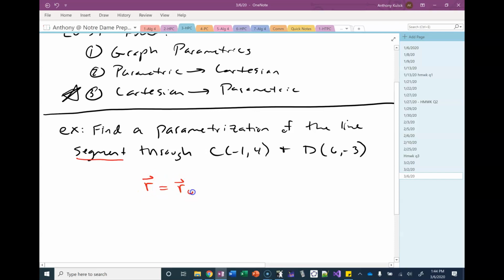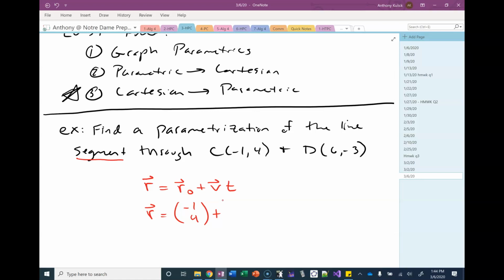So the vector equation for a line is r equals r0 plus vt. Remember, r0 is a point vector, so I can use either one of my points. For the sake of this problem, I'm going to use the first point, but it doesn't really matter.